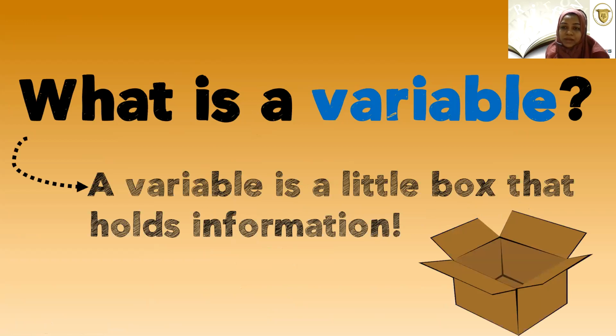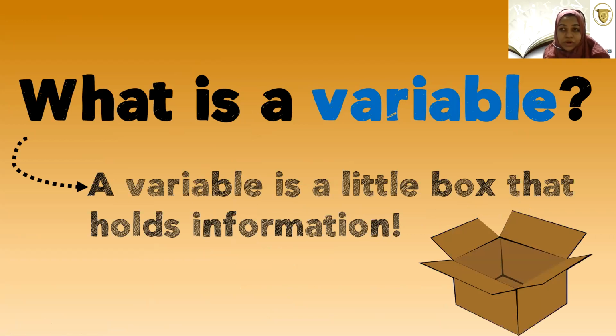Before we start, what is a variable? Think of variable as an empty box. Whatever you put inside the box will be stored for you. Let's say you want to store the user's name. So you have to create a variable called name, and the user's name will be stored in the box called name.